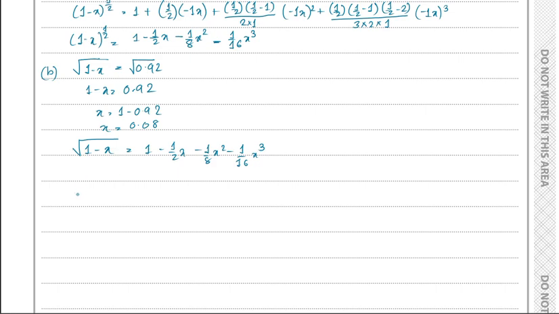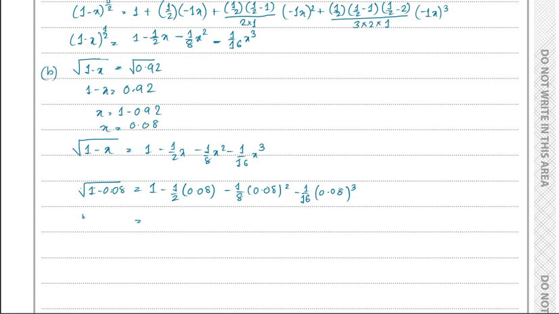So if I put 0.08 here, that would be 1 minus 0.08 is equal to 1 minus 1 by 2, x is 0.08, minus 1 by 8, 0.08 whole square, minus 1 by 16, 0.08 whole cube.